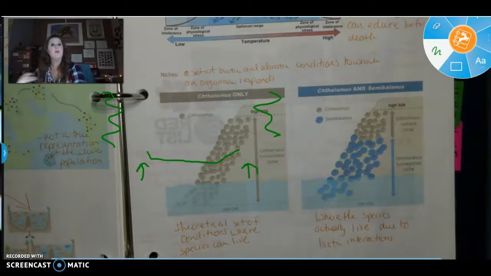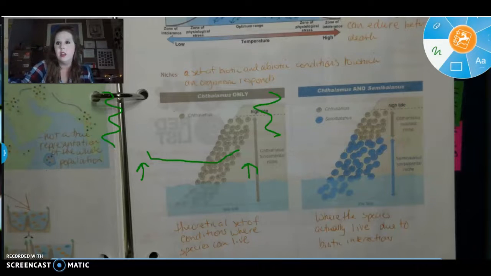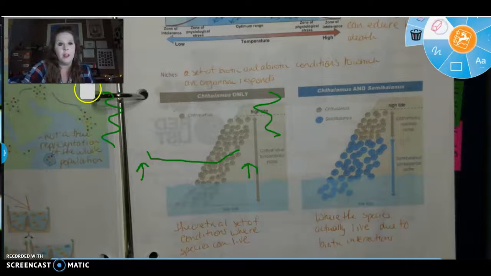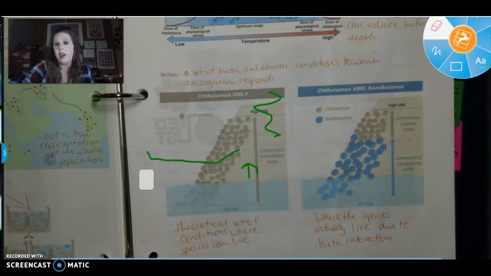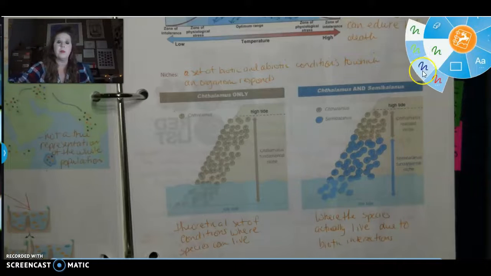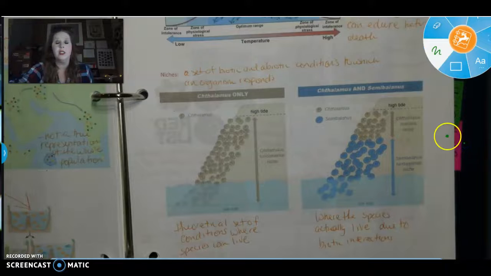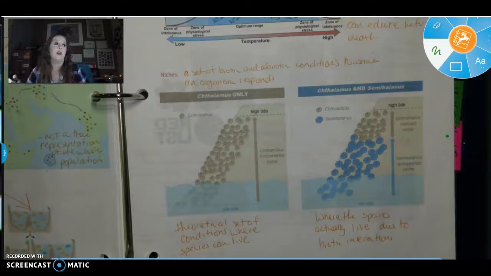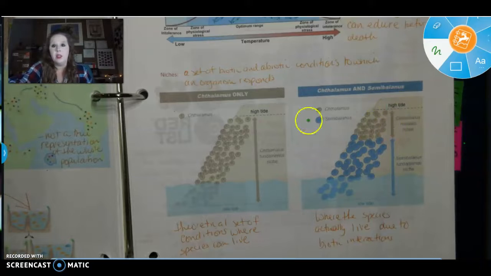When we look at niches, we can theorize, this organism could possibly live here, or we are going to look at the actual reality of the situation and, okay, this is where they're actually going to live.